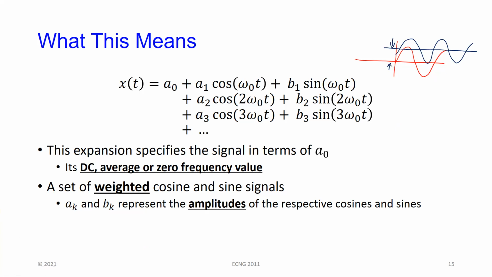So signals may or may not have DC values. And then the other parts of the signals are a set of weighted sines and cosines, right? And the A_k's and the B_k's represent the respective amplitudes of the sines and cosines. Okay, this is everything that you should have covered in ECNG 2013.